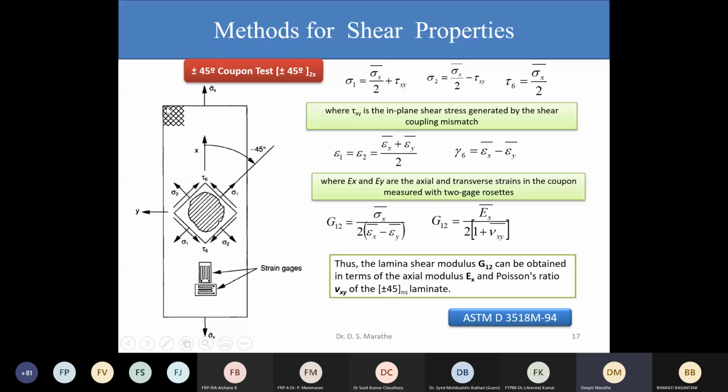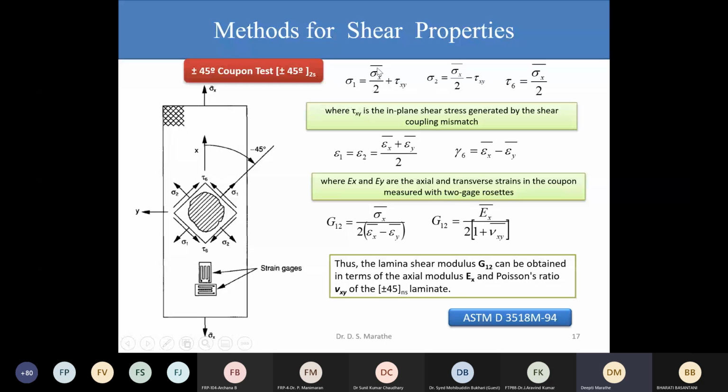The property that I get, whatever reading I get from the tension test, is not the shear modulus, shear stress, or shear strain. I get what are called the off-axis tensile properties, and from the off-axis tensile stress, which is sigma x, I want to find tau xy.